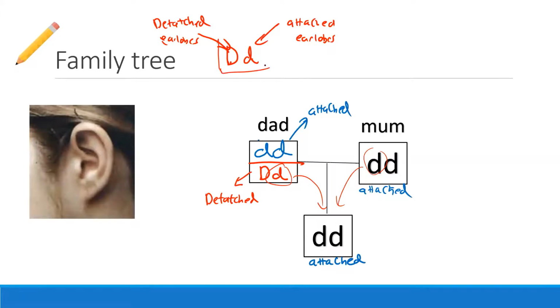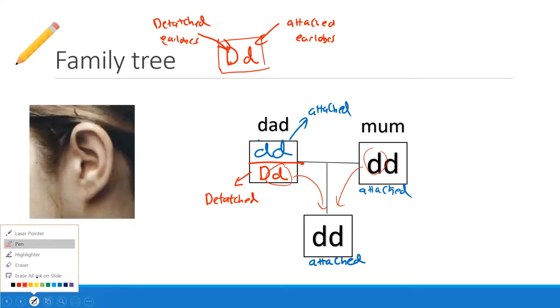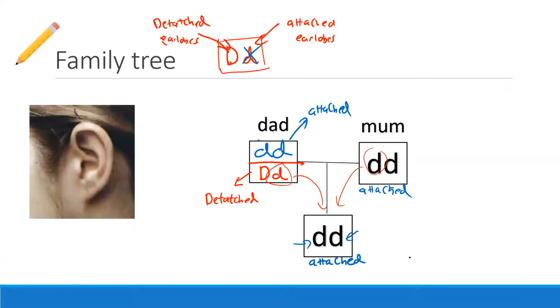Now, in this case here, this person has a recessive gene and a recessive gene. So therefore, the recessive gene wins. This person has a dominant gene and a recessive gene, and if it's got a dominant gene, it always wins.